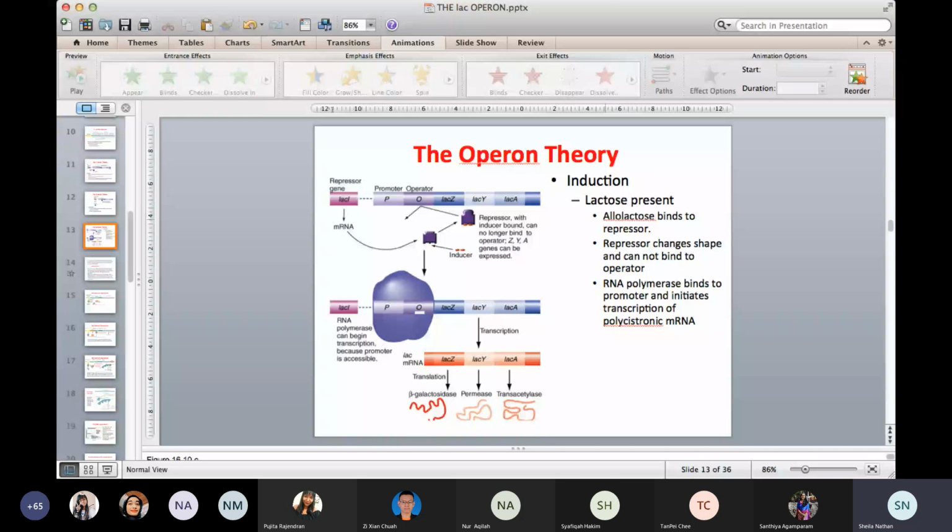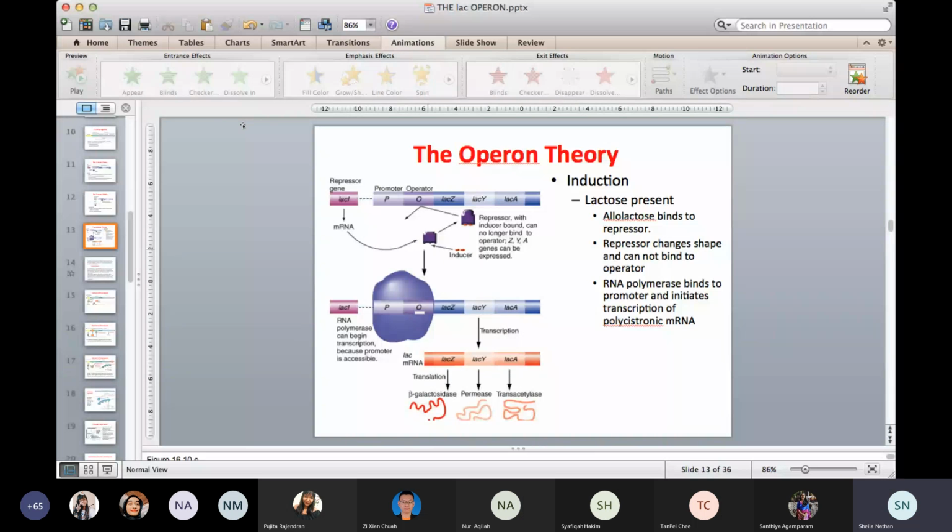As I said earlier, the lactose permease enzyme will bring the lactose into the bacterial cell. The lactose that is transported into the bacterial cell is known as allolactose. So what does the allolactose do? The allolactose is now going to bind to the repressor molecule.